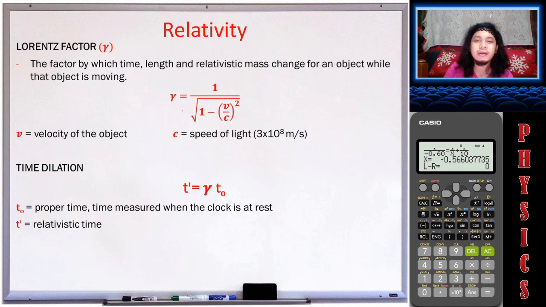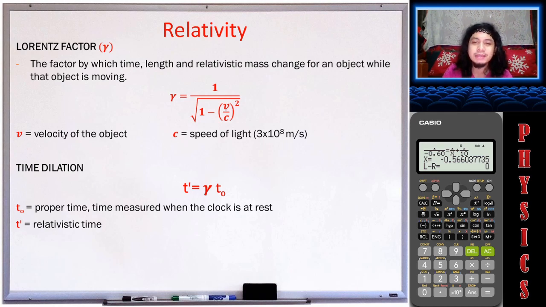So, formula ng Lorentz factor is 1 over square root of 1 minus (v over c) quantity squared. Where v is the velocity of the object and c is the speed of light. Most of the time, the velocity of the object is written in terms of c. Halimbawa, 0.9c, 0.8c. Ibig sabihin, a fraction of c. It can never exceed c. Okay?